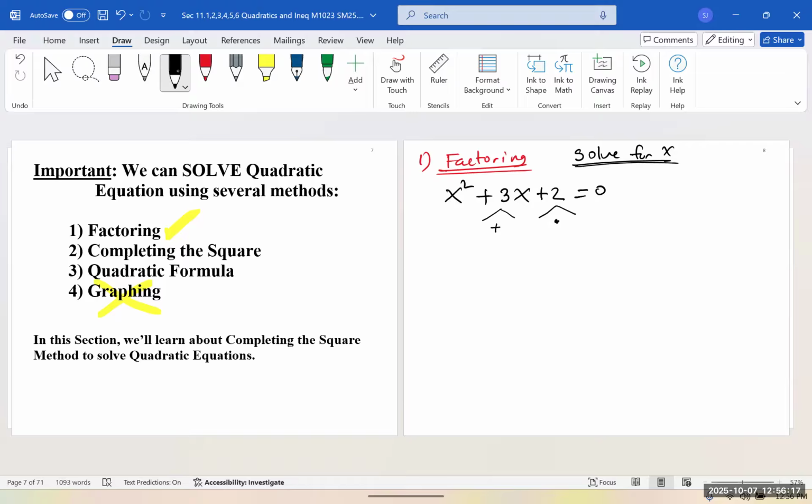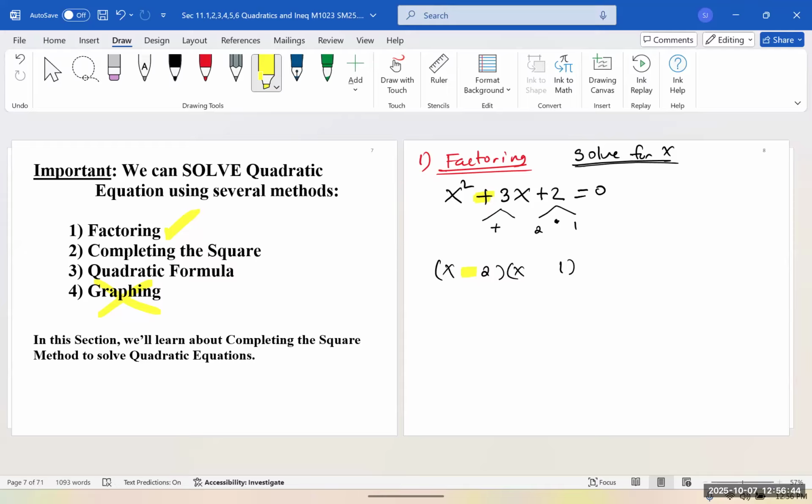What two numbers multiply to 2 but add to 3? 2 and 1. So you write two sets of parentheses, and you split x squared into x and x. And you split 2 into 2 and 1. Now, whatever sign we have in the middle, that sign always has to be in front of the bigger factor.